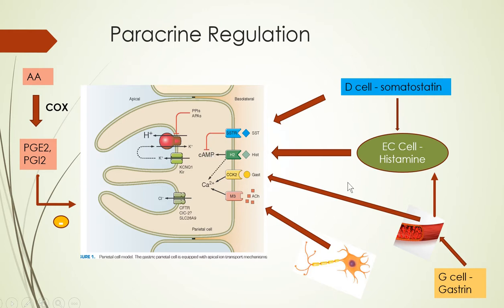Okay. So in this paracrine regulation, these cells secrete some substances, act on nearby cells and influence gastric acid secretion. Apart from this, there is arachidonic acid also, which is taken in via food. Arachidonic acid, via the COX pathway, cyclooxygenase pathway, is converted into prostaglandins.